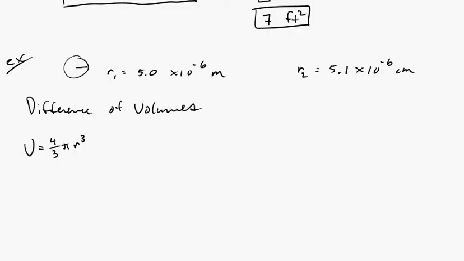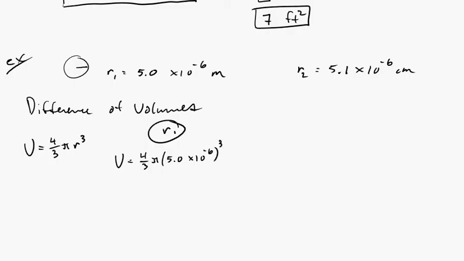But we have to take into account our significant figures. So with radius 1 here, I'm going to start working out the volume. The volume is going to be 4/3 pi, and then you stick in this 5.0 times 10 to the negative 6 cubed.